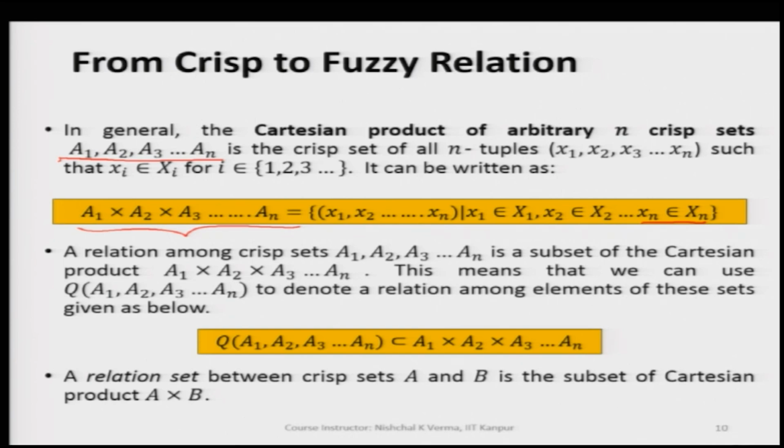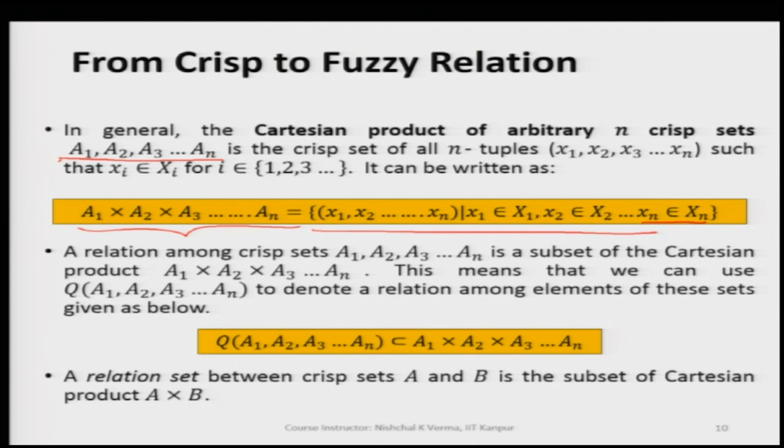All such n tuples will be there in the Cartesian product when we take the Cartesian product of n crisp sets. When we represent a Cartesian product like this, it contains all the n tuples that are formed from the elements coming from A1, A2, A3 and so on up to An.